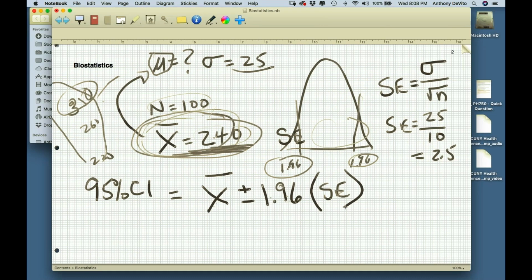So I'm going to take that standard error and plug it in here, along with our sample mean. 240 plus or minus 1.96 times 2.5.